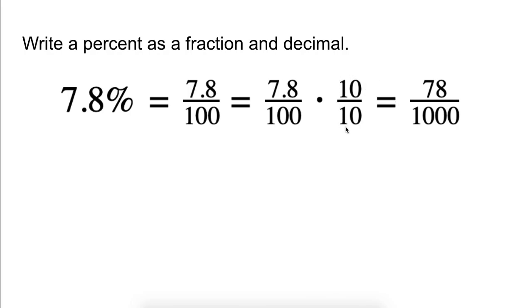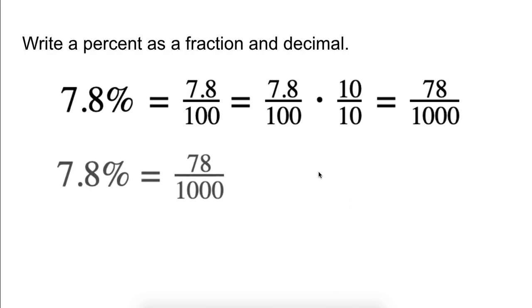We're multiplying by 1 and not changing the value, that idea of a giant 1. And we end up with 78 over 1000, 78 thousandths.